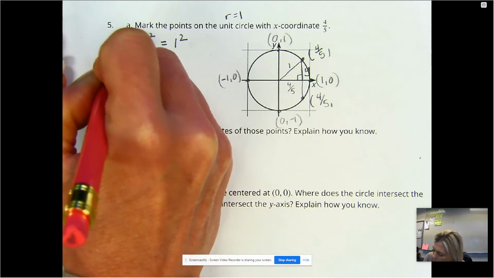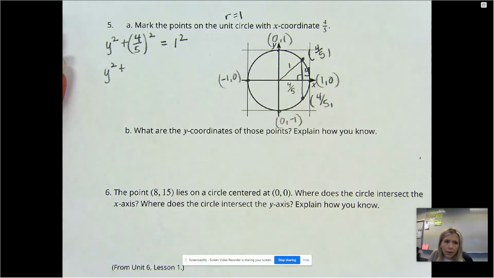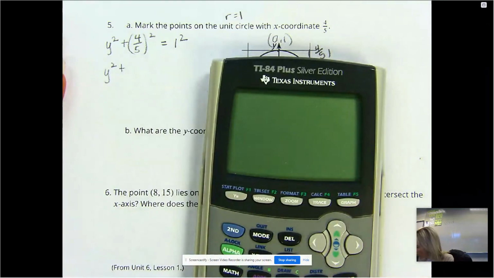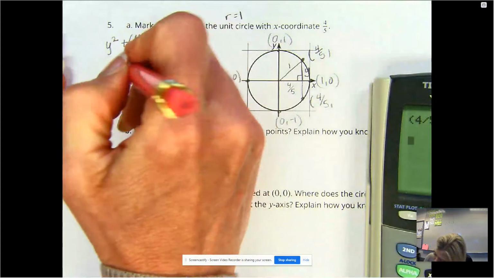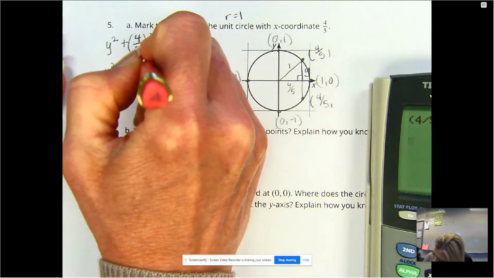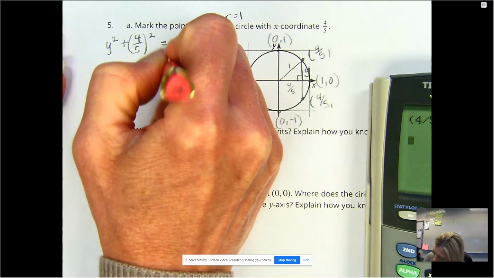And so y squared plus, we can evaluate (4/5) squared on the calculator. So parentheses 4 divided by 5, and then close the parentheses and square, and you get 0.64. And 1 squared is 1.